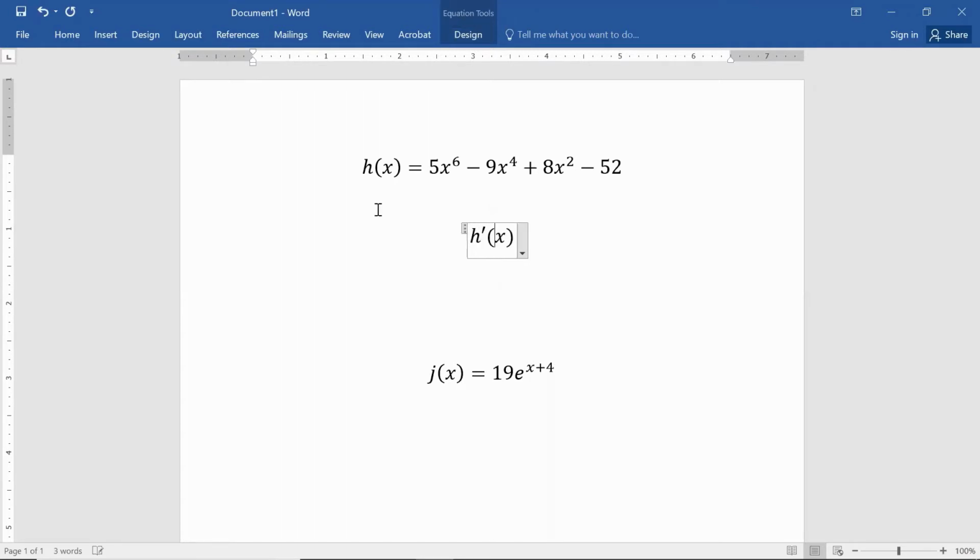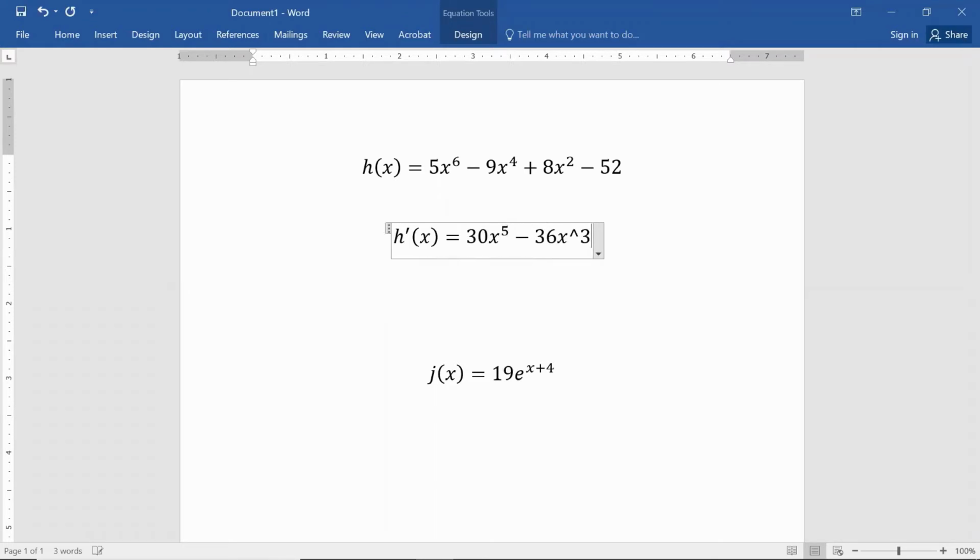So h prime of x can be found by just using the power rules, the sum difference rule, and the constant multiple rule. I don't need to do a rewrite here at all. So 6 times 5 becomes 30x to the 5th.